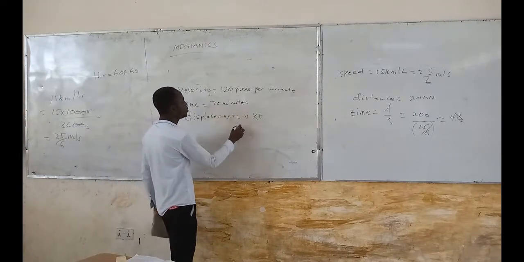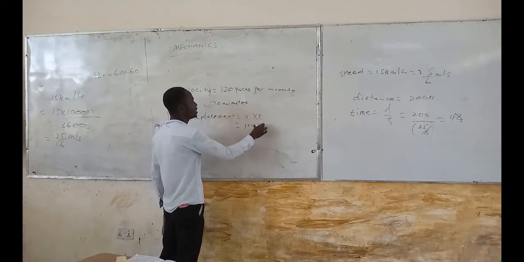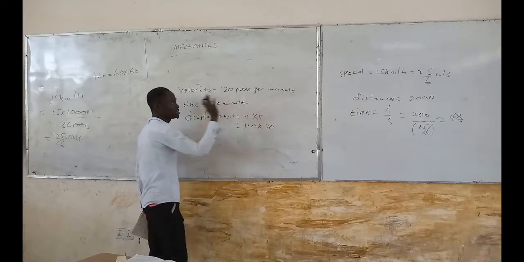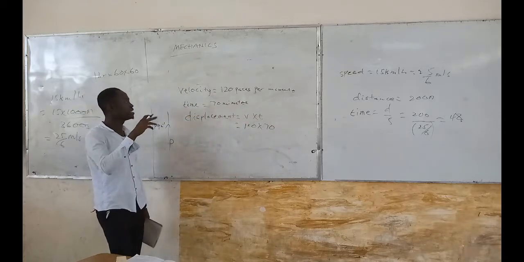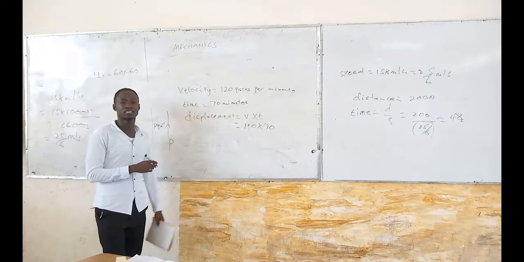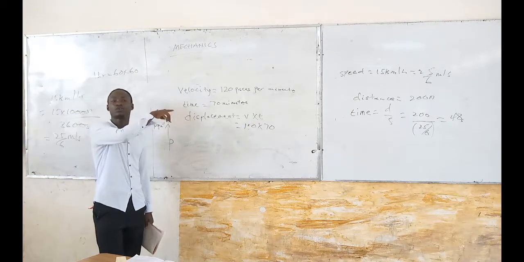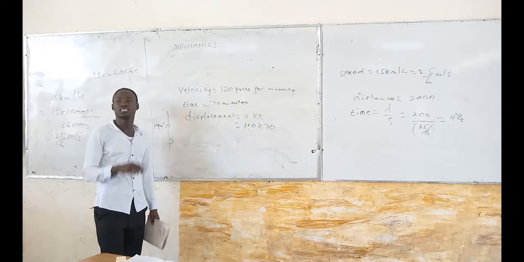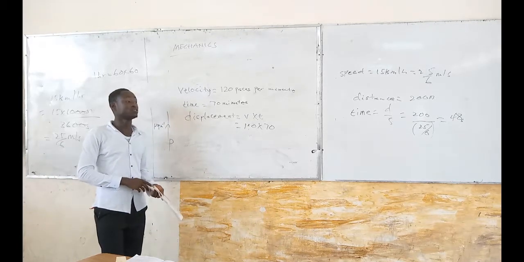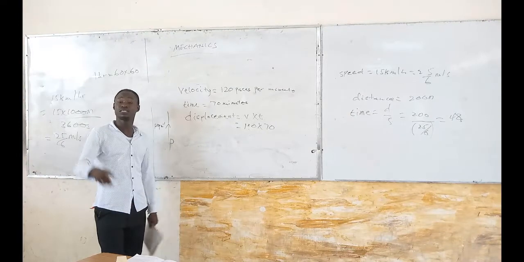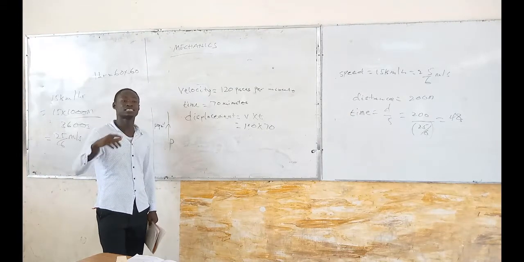In other words, that will give us 120 by 70, because minutes. But at the end of the day, the minute will be nullified. So even your displacement here, you can't talk about meters anymore. What are you going to talk about? Paces. So my dear science students, mechanics is a bonus for you. You did dimensions and all that.